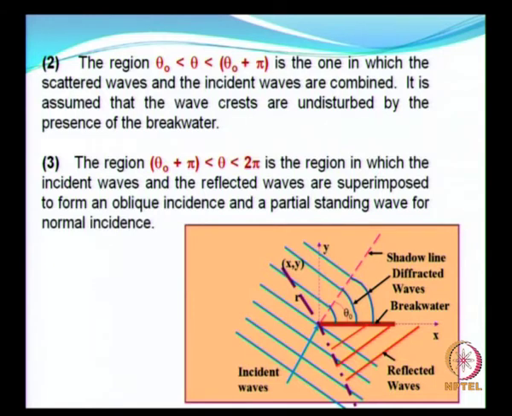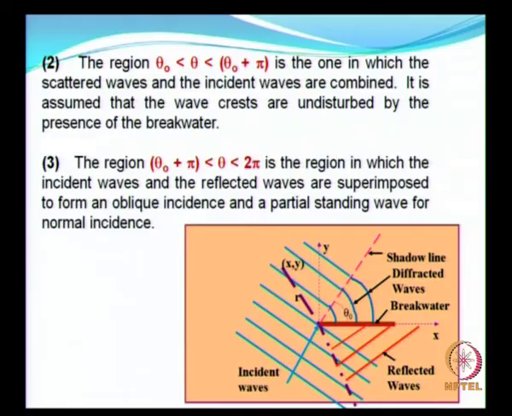So next comes theta equal to theta naught, that is from this to theta naught plus pi. So I am talking about this area. What is this area? This area is uninterrupted, that is you will have the wave fronts moving with the same amount of energy and the same wavelength, because of constant water depth.